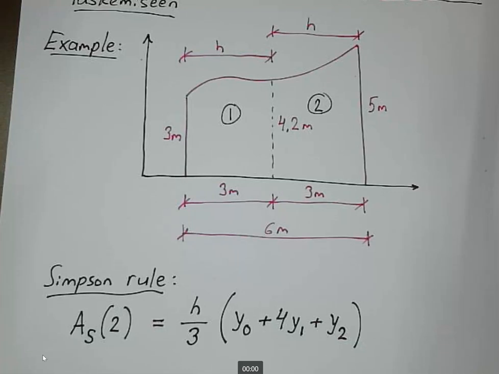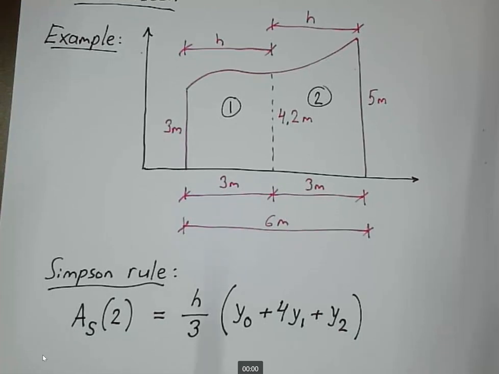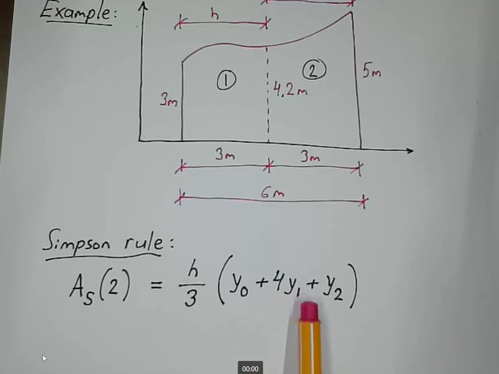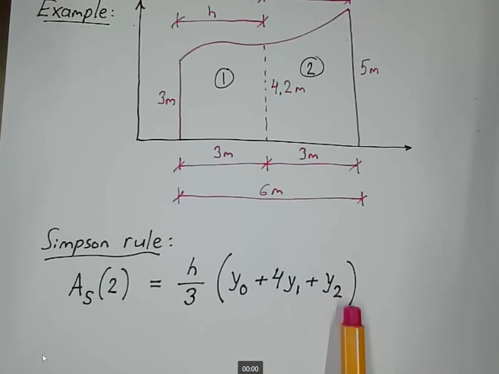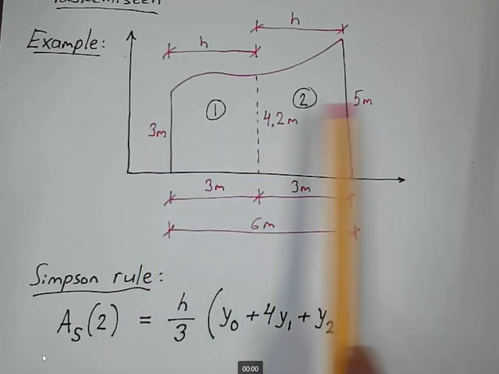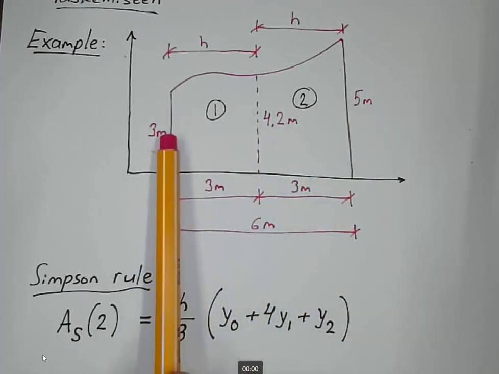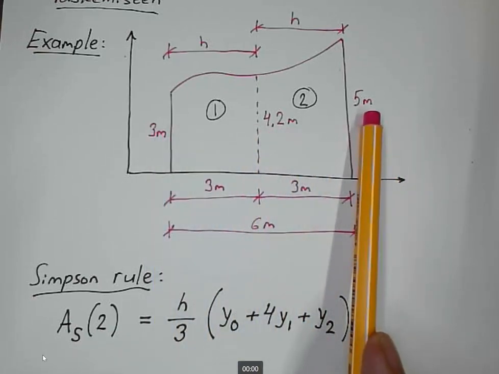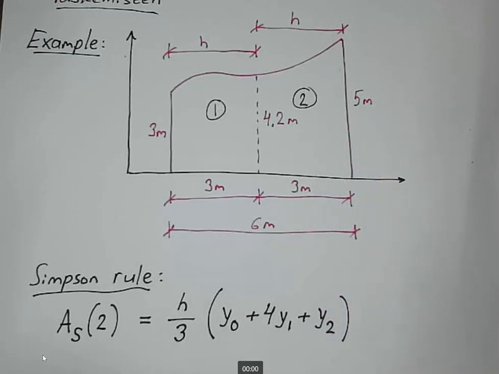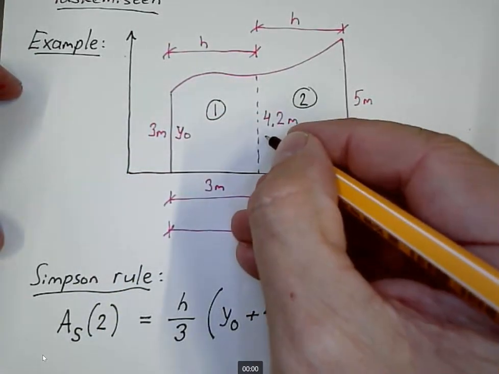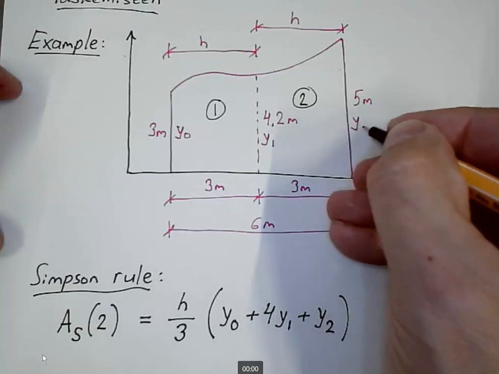And these y's here, y0, y1, y2, they are the heights of this figure. This is y0, this is y1, and this is y2.